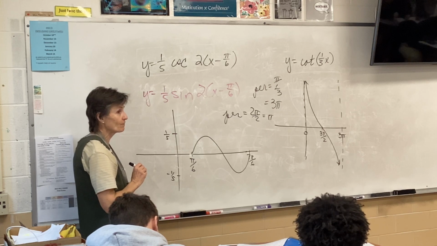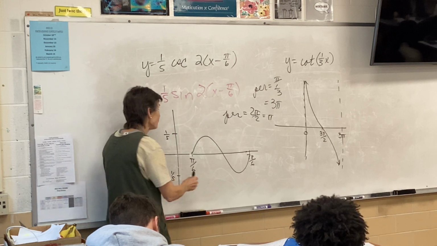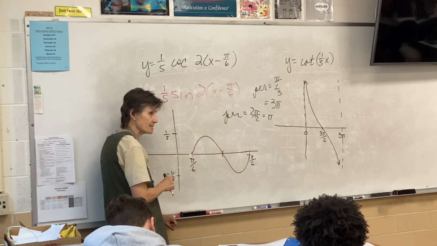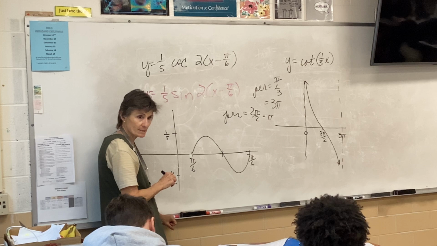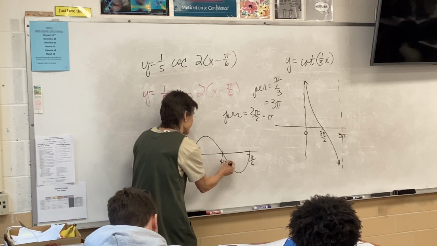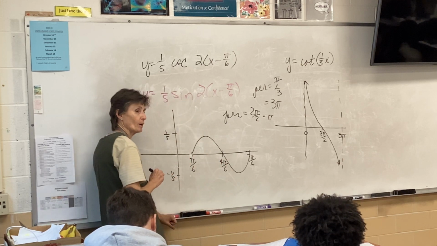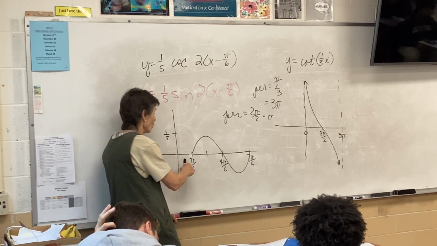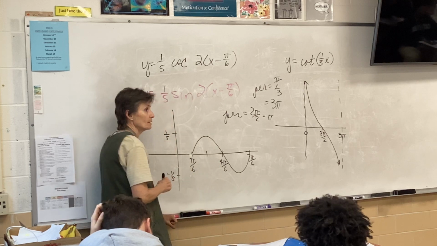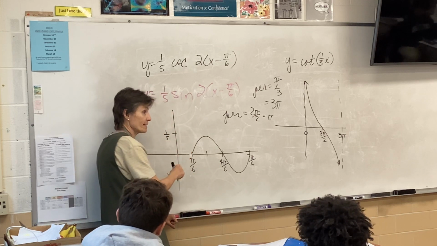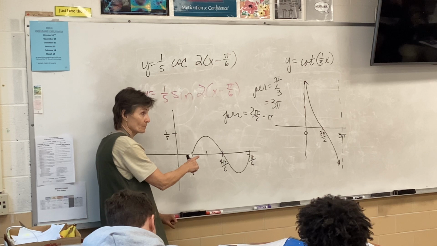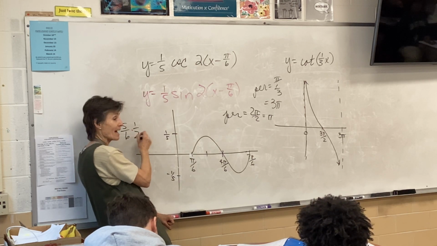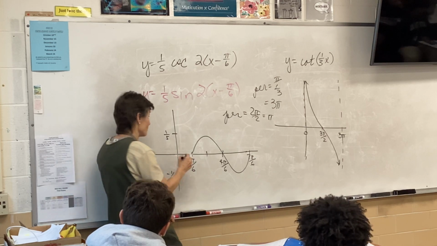I'm doing my sine first. Halfway in between 1 and 7 is 8, and half of 8 is 4. So 4/6. Remember, you don't have to reduce that unless you want to. Halfway in between 1/6 and 4/6 makes 5/6, and half of that is 5/12.